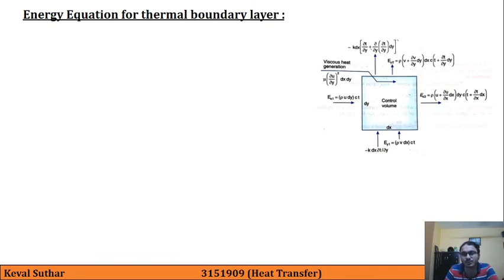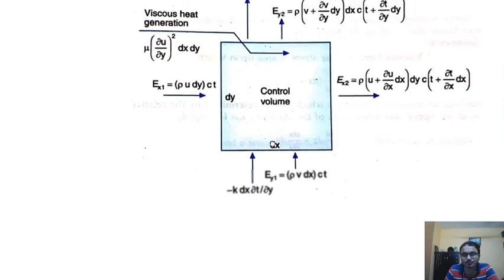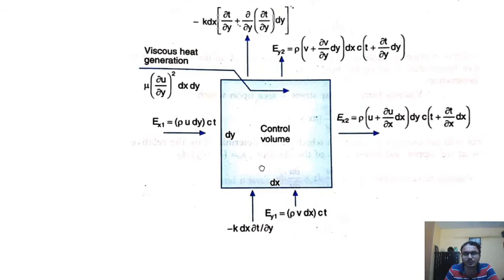So first we will focus on this control volume. Here we will quickly see this control volume, which has dimensions dx and dy, and obviously we are going to assume the unit width.